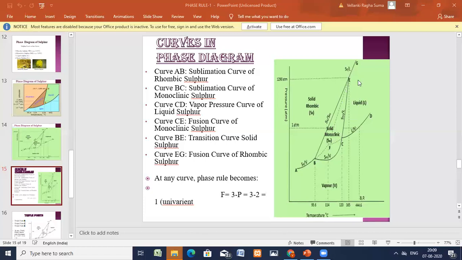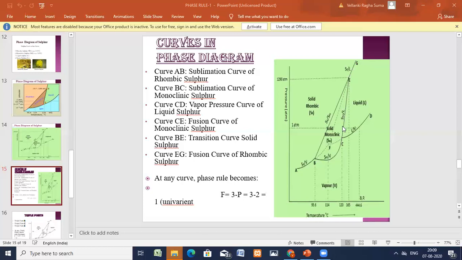Next, similarly, EG. Both CE and EG are fusion curves. Rhombic sulfur to liquid, monoclinic sulfur to liquid. So this is one fusion curve and this is the other fusion curve. This is the rhombic sulfur fusion curve. This is the monoclinic sulfur fusion curve.